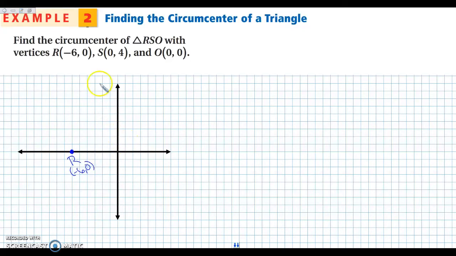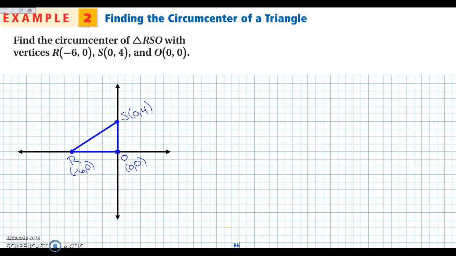Then S is at 0, 4, so 1, 2, 3, 4. So S is here at 0, 4. And O is at 0, 0. So here's O at 0, 0.